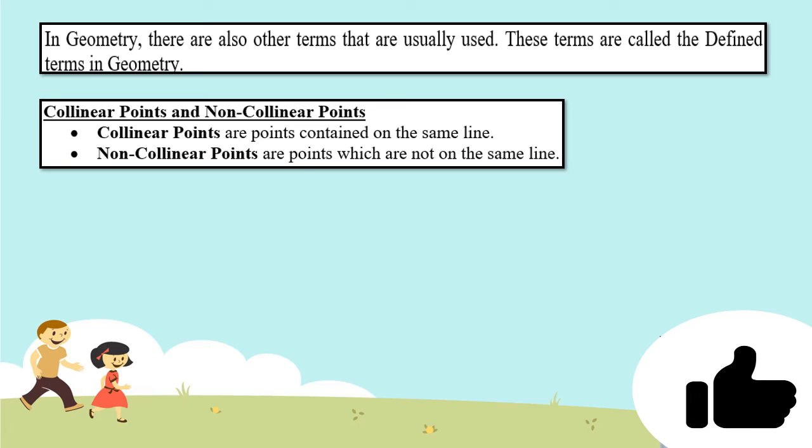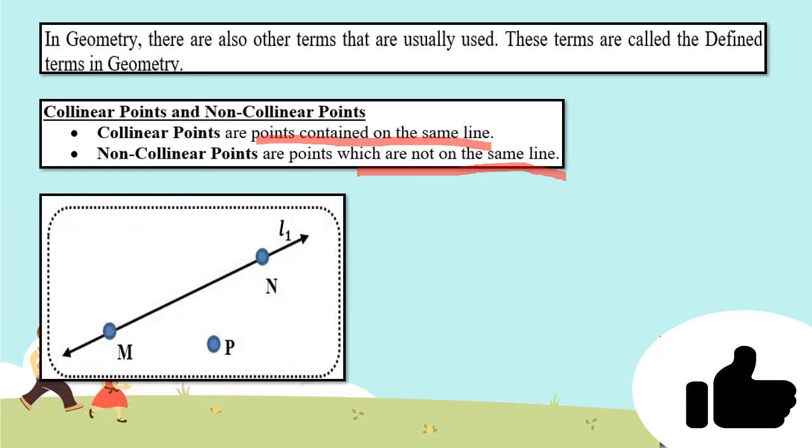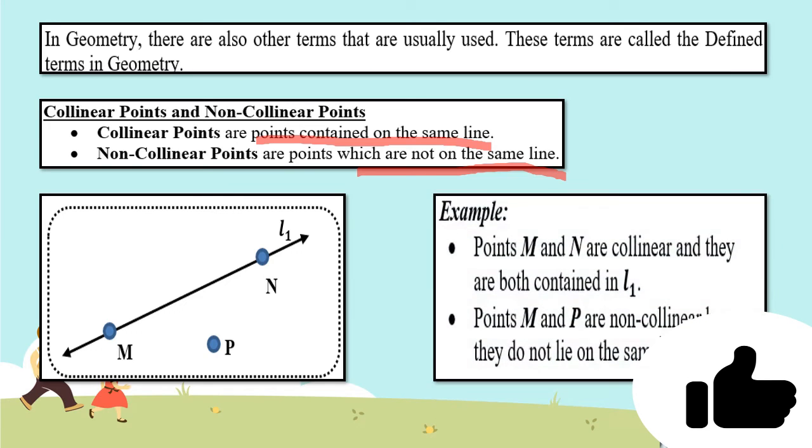First one, collinear points and non-collinear points. When we say collinear points, they are points contained on the same line. It is found in the same line. Non-collinear points are points which are not on the same line. Example, if this will be our line MN, points found on the same line are points M and N. Therefore, they are collinear.